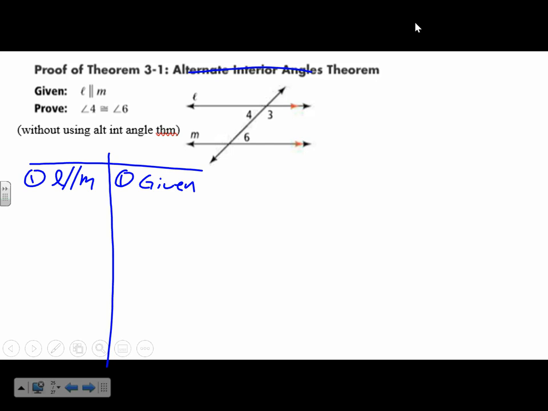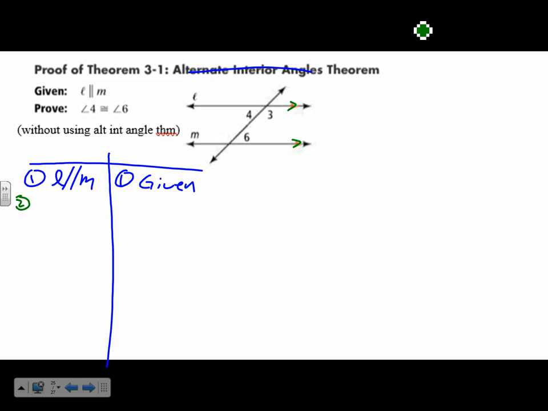So the second step. If you don't use the alternate interior angle theorem, if I know that they are parallel, I know that angle 4 and angle 3, actually let's do it this way.